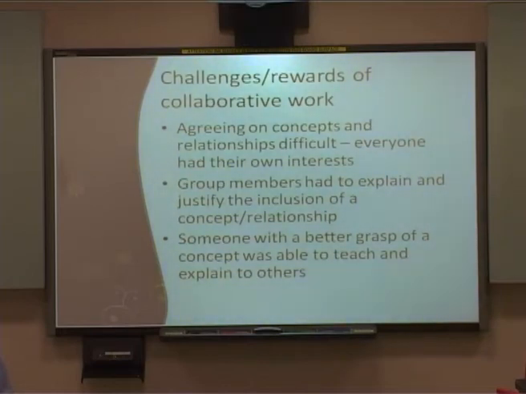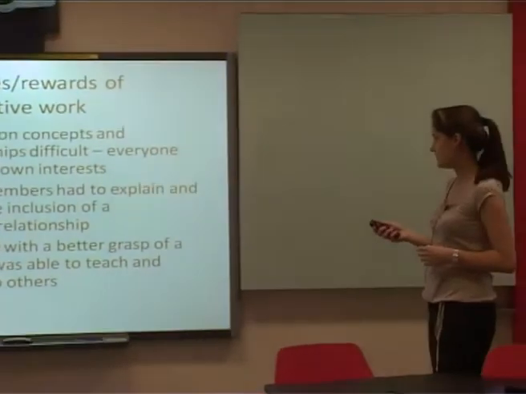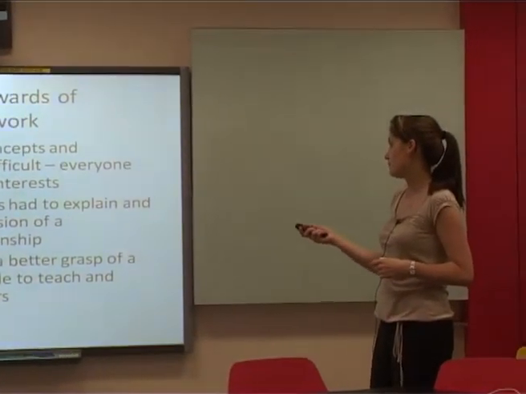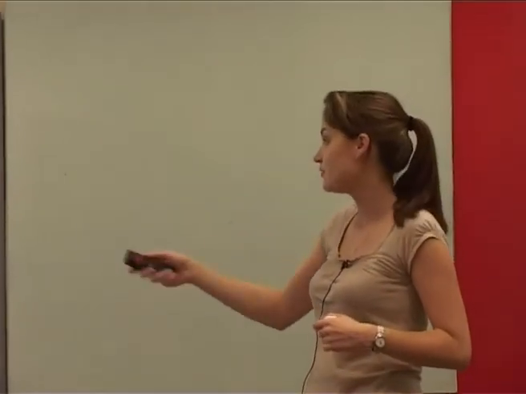Because they were so determined to make this work, everybody had to justify and explain, and that kind of metacognitive narration was certainly taking place. And another thing, the scaffolding was happening: someone with a better grasp of a concept was able to teach and explain it to the others. That definitely happened in many of the groups.